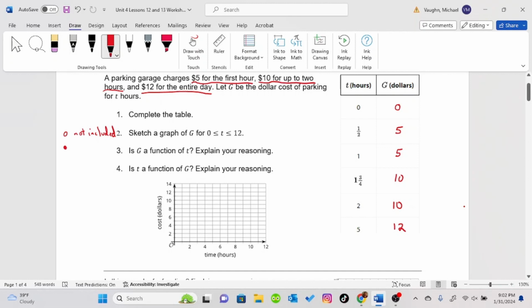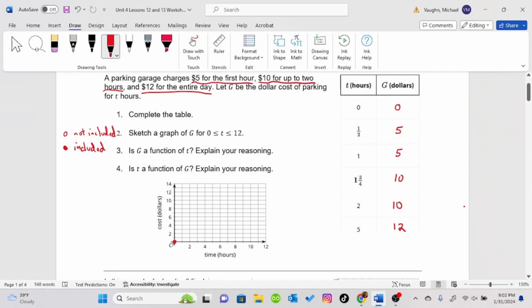A solid circle means included. So first we know that 0 hours is $0. So at the origin, we would put a solid dot.